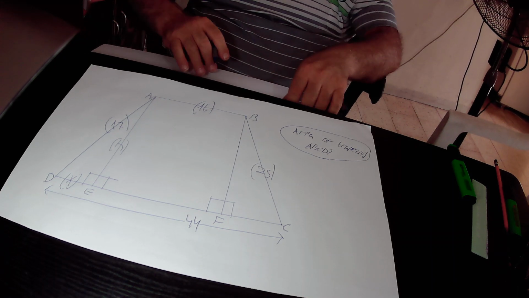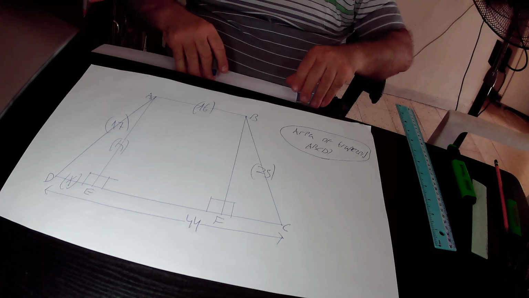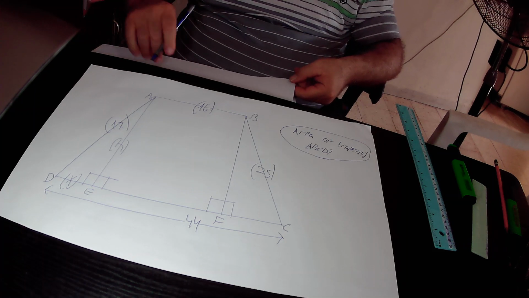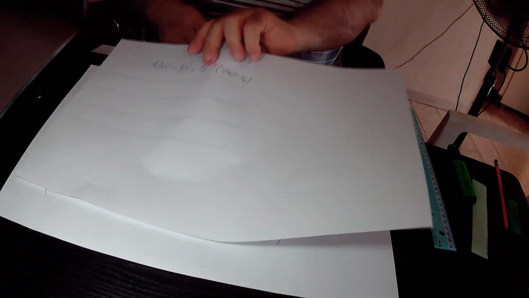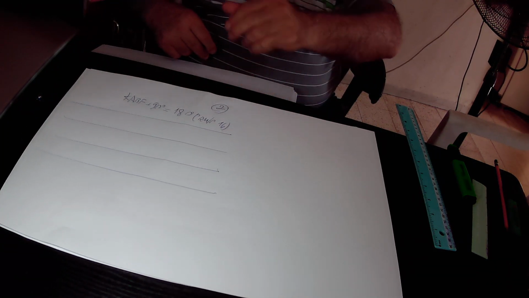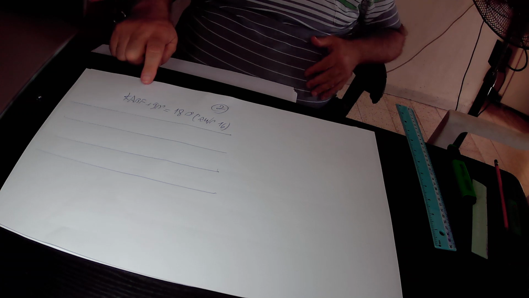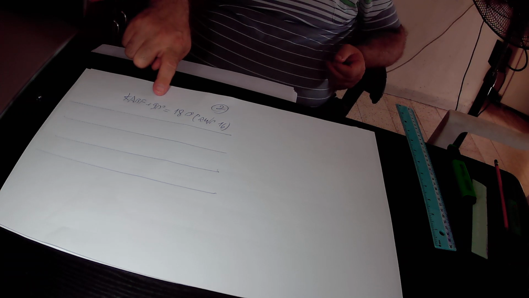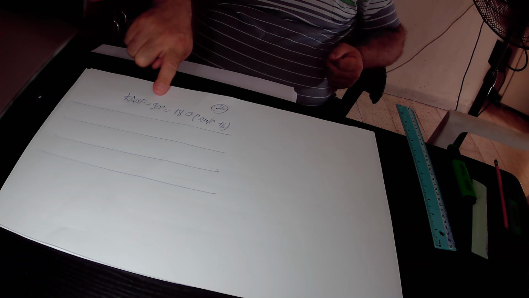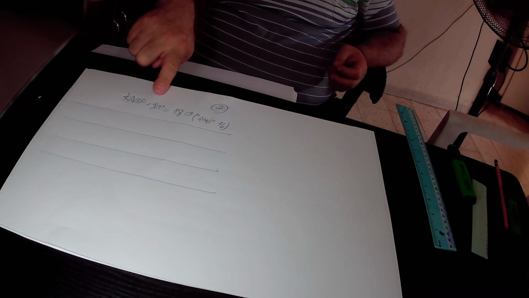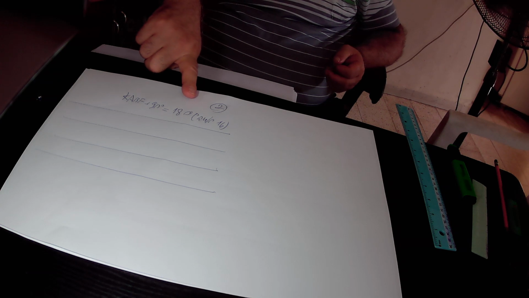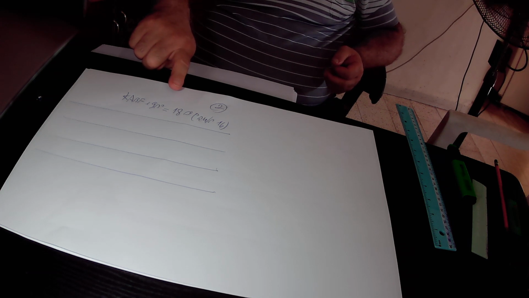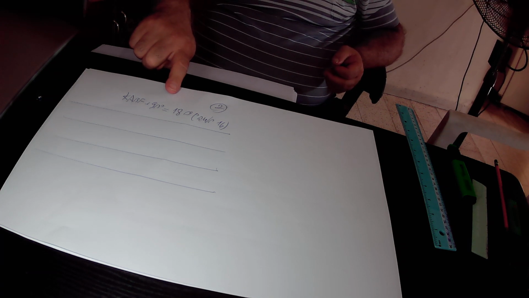So I repeat again: the missing angle ABF plus the right angle, because those two angles are one-sided interior angles, the sum of them is equal to 180 degrees according to rule 16. So here we subtract 90 degrees from this equation.